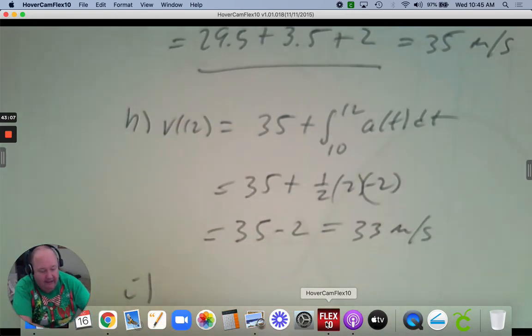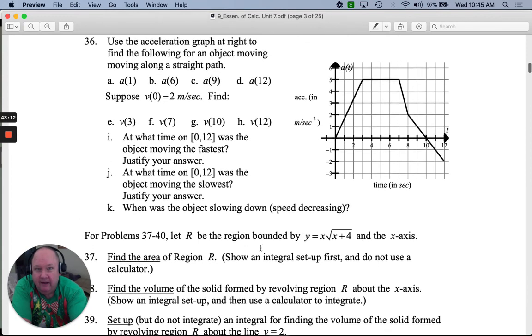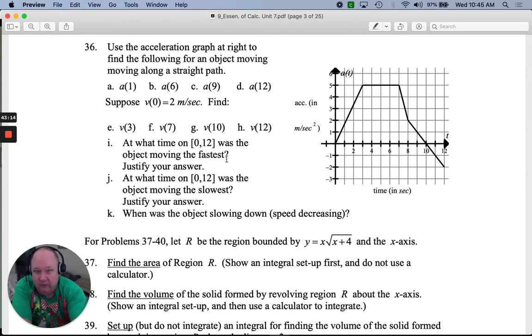Part I. At what time from 0 to 12 was the object moving the fastest? So it's moving the fastest when the acceleration and the velocity are both positive. So I would say it was moving the fastest up here between 3 and 7.